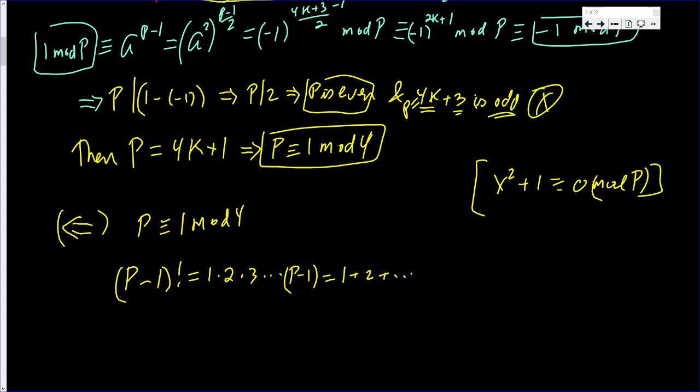You're going to have two middle numbers. One middle number would be p minus 1 over 2. So 1 times 2 times 3 all up to p minus 1 over 2. Let's even bracket that up. And the next set will be p plus 1 over 2.